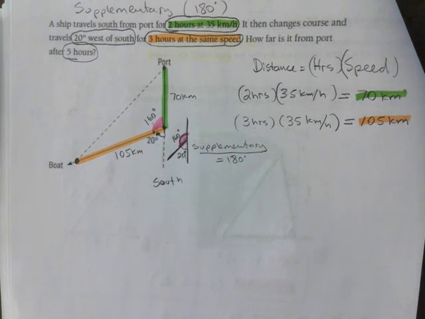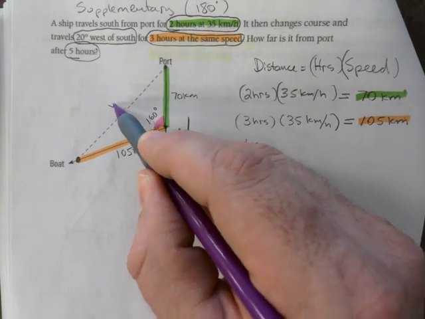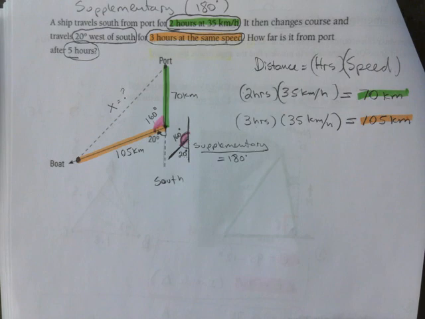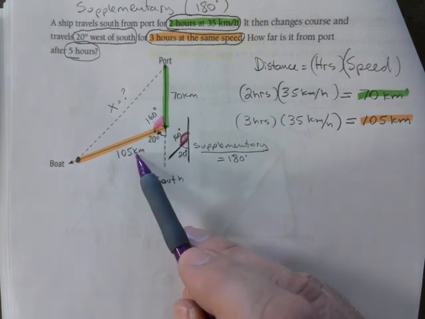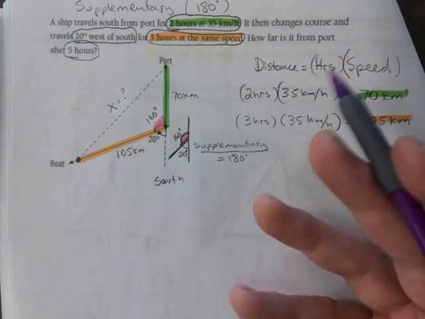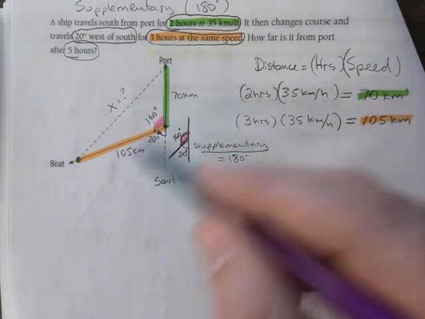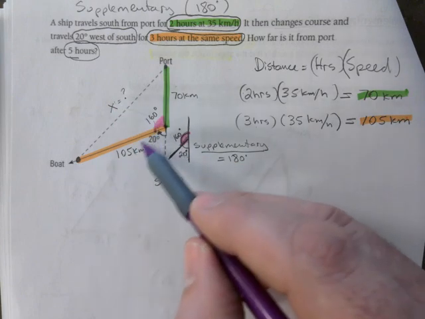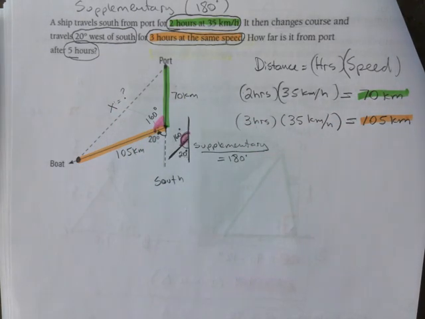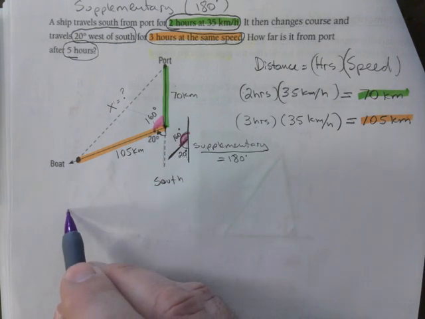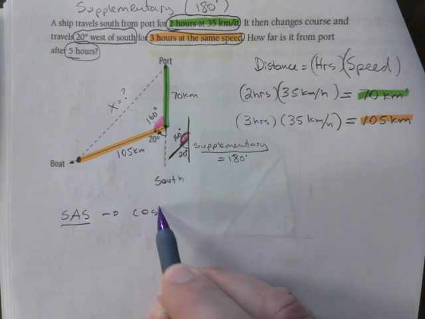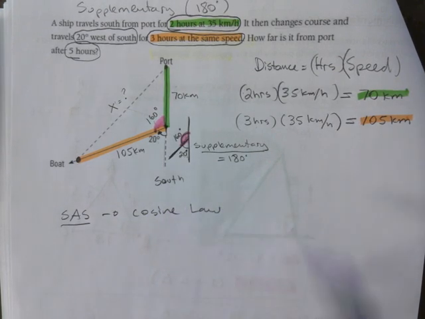What law will I use to figure out, because this is what they want, right? What law will I use for that one? Side, angle, side, cosine law. Or I'm going to try to look for a pair. Don't have a pair there, don't have a pair. I just don't have a side angle pair. I have to use cosine law, right? So this is side angle side, cosine law.